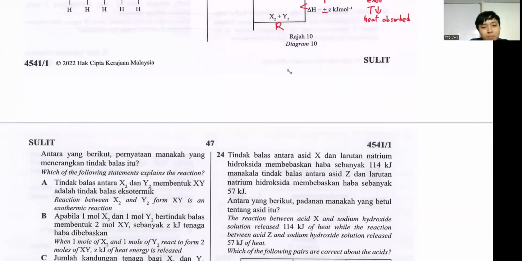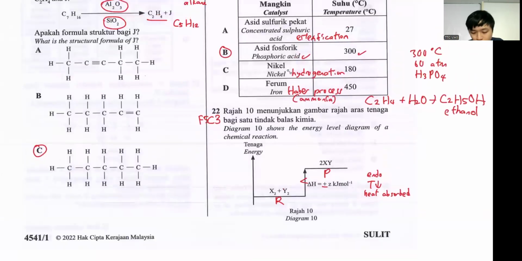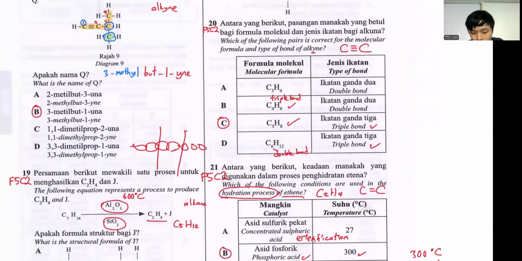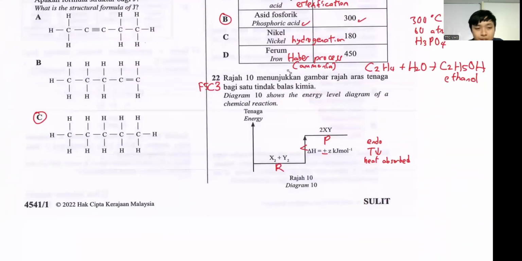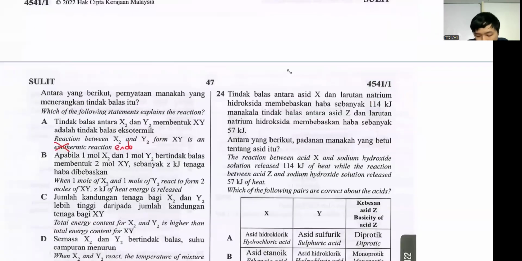So they ask, the reaction between X2 and Y2 is exothermic? Wrong, it is endothermic. When 1 mole of X2 and 1 mole of Y2 react to form 2 mole of XY, Z kilojoule of heat energy is released?